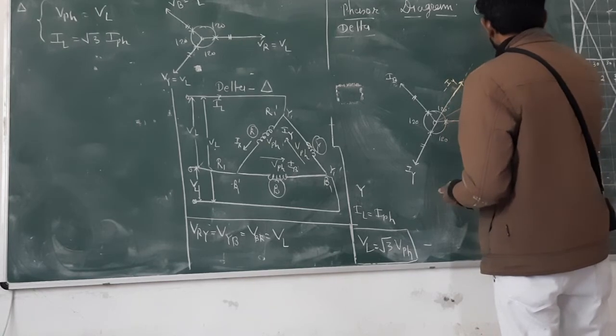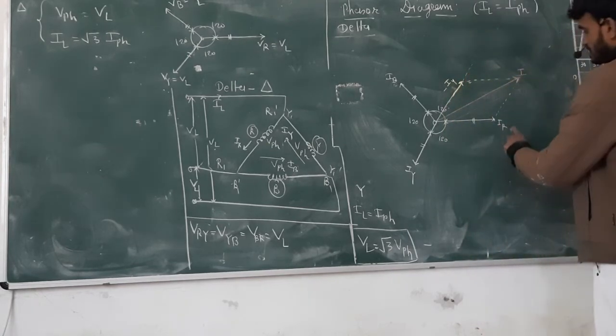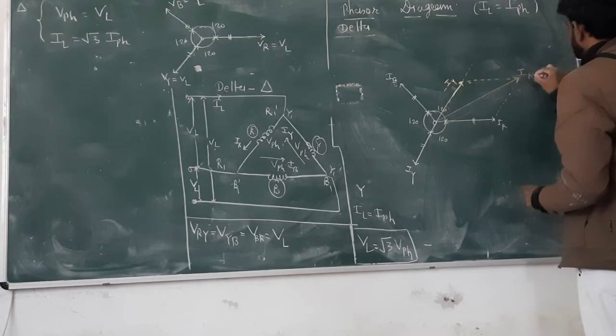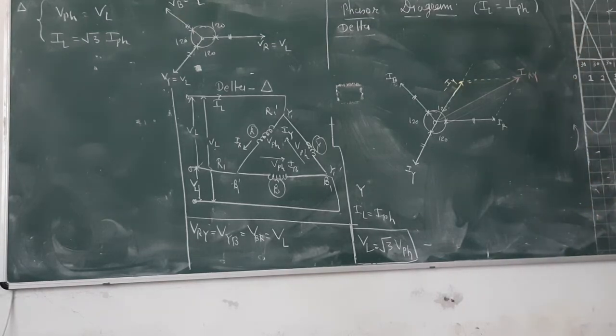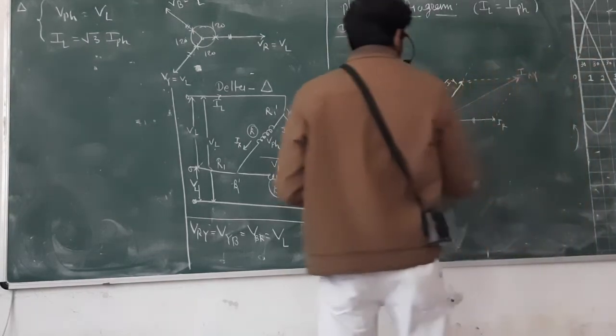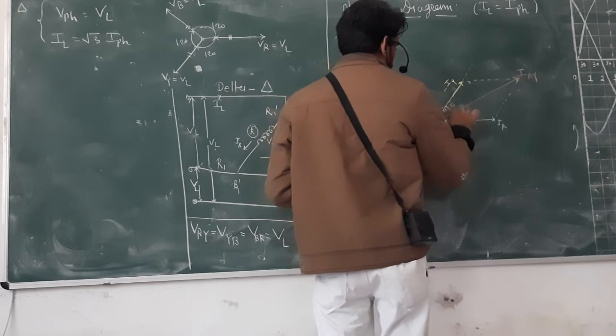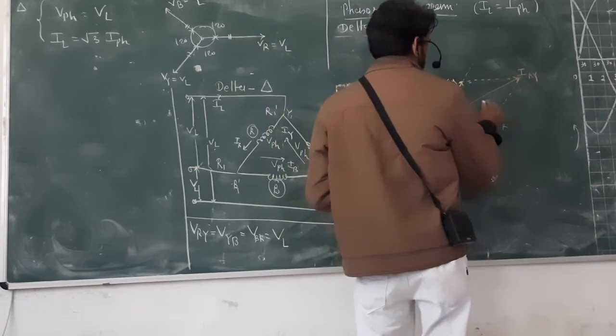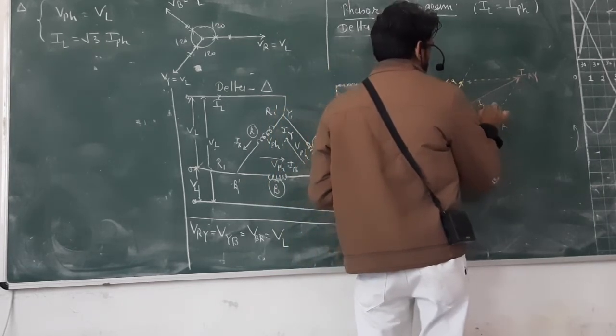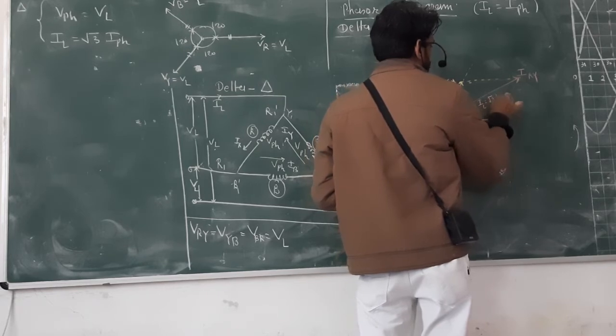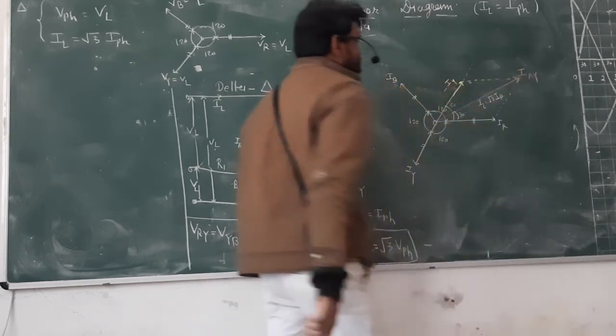That is the line current, named IRY. And what is the angle? 60 degrees. What is the other angle? 30 degrees. What is the magnitude? IL is equal to root 3 times I phase.